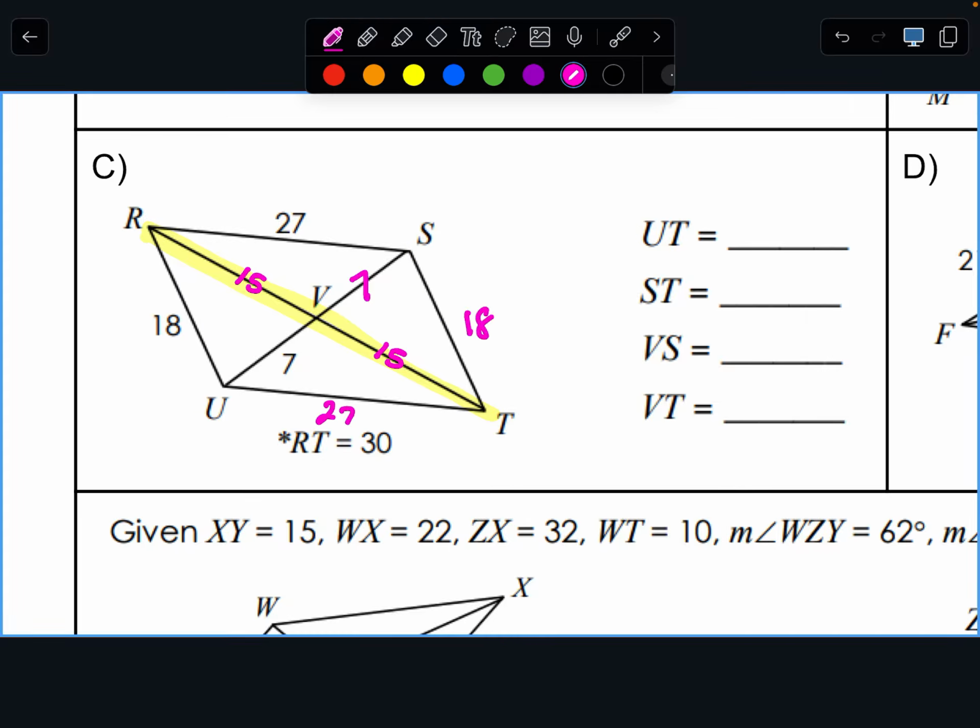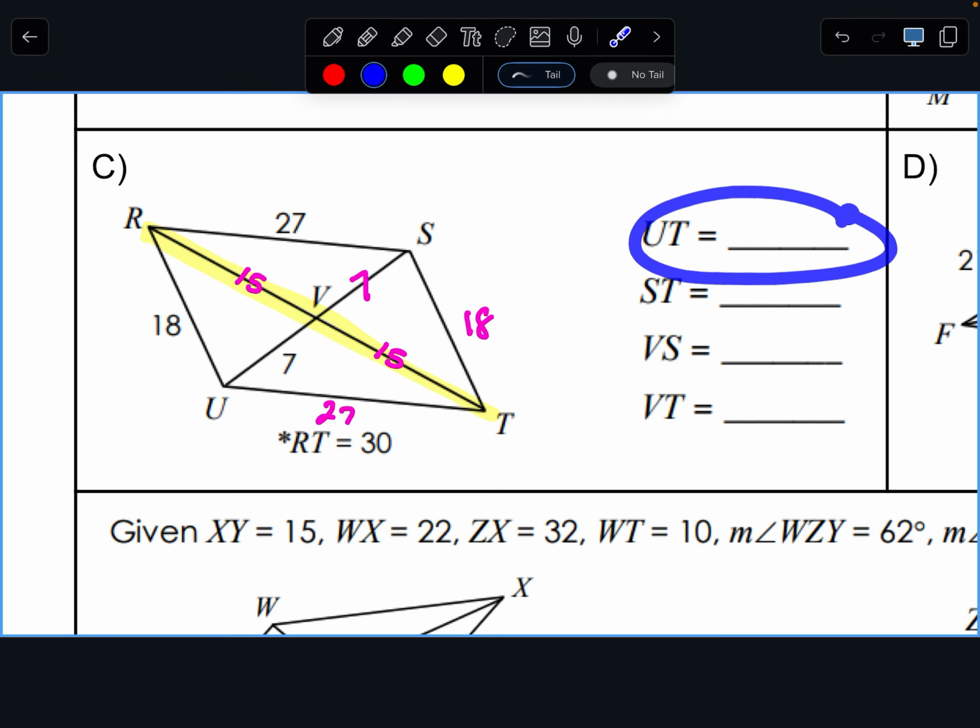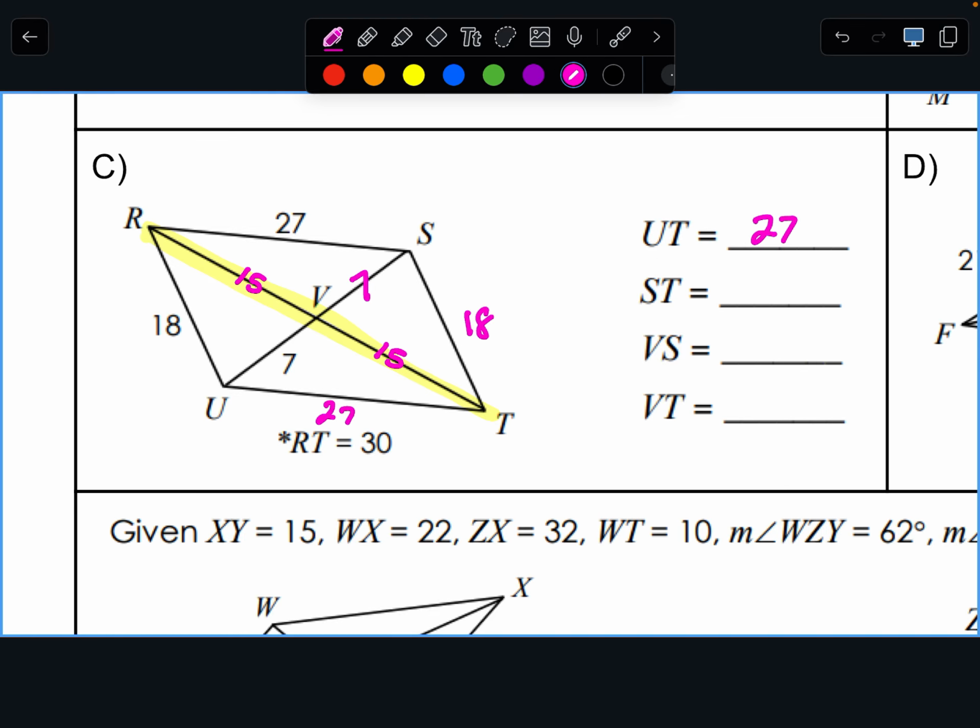So now that I've labeled it on my diagram, I can go answer the questions. That's how I like to solve these problems. If it works better for you to do it a different way, by all means. But I like to label in the diagram and then go figure out what I need. So UT is right here, so that's 27. ST is right here, so that's 18. VS, 7.